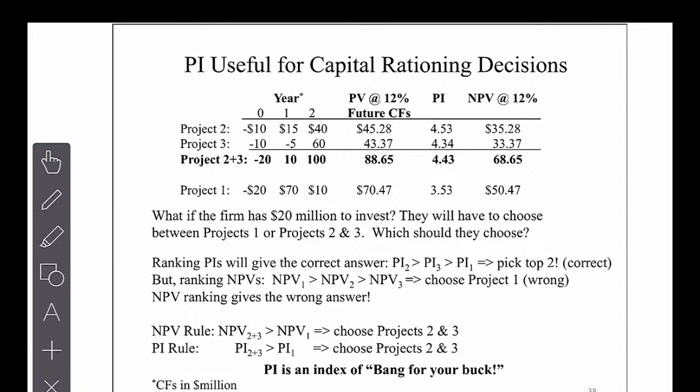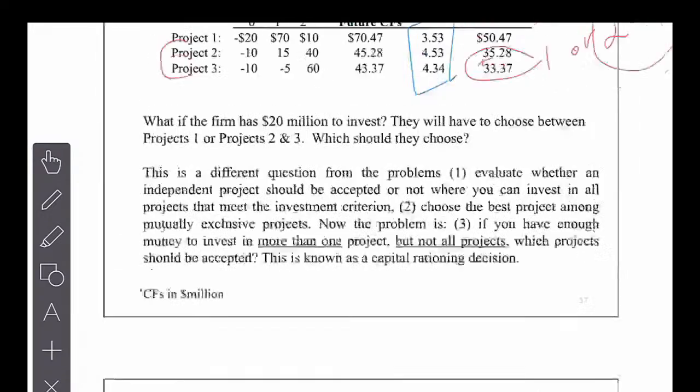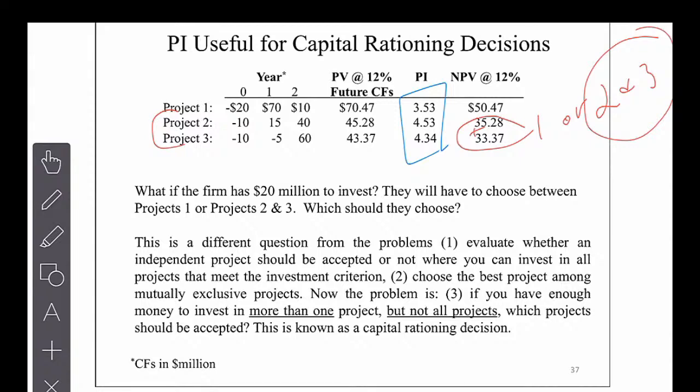It's actually better above. If I put them in order, project 2 is bigger than project 3 is bigger than project 1 in PI.